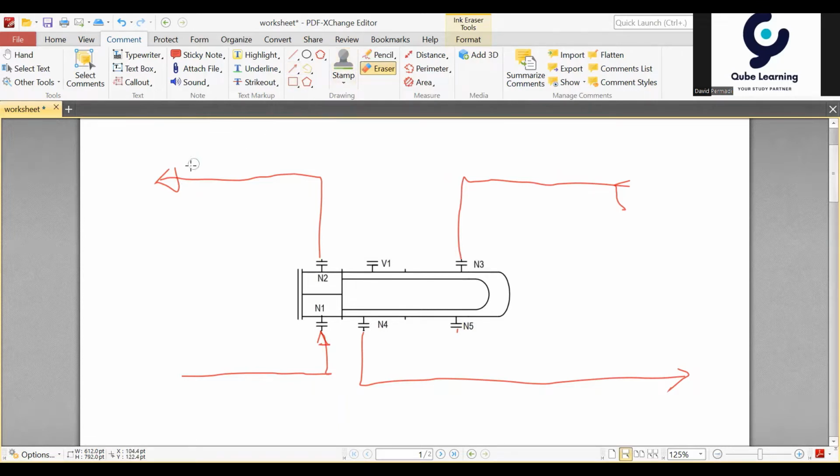I will erase this first, and then we need to redraw. This line is normally no flow, because it is used just for backflush of this exchanger.